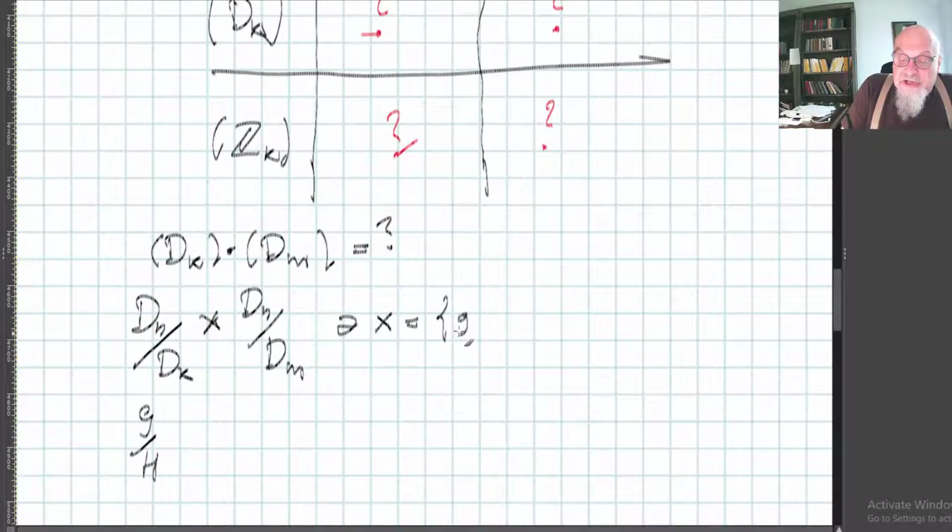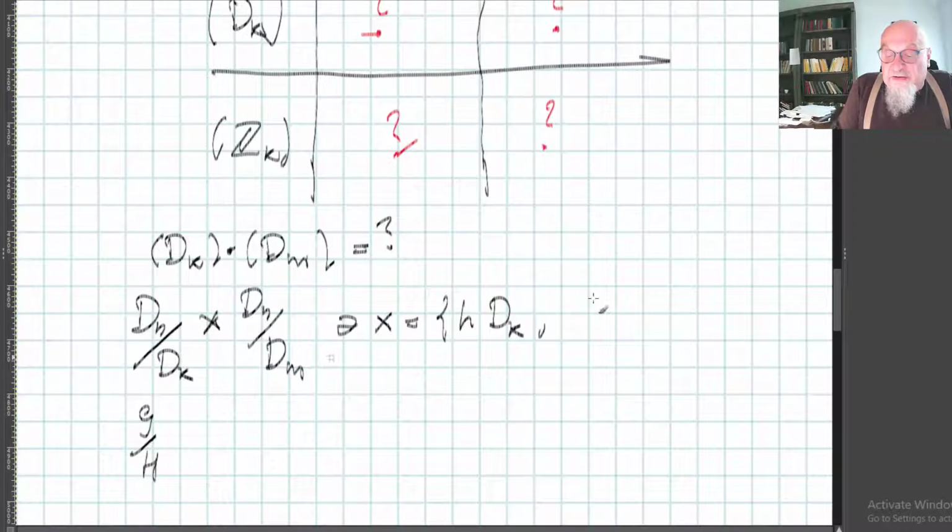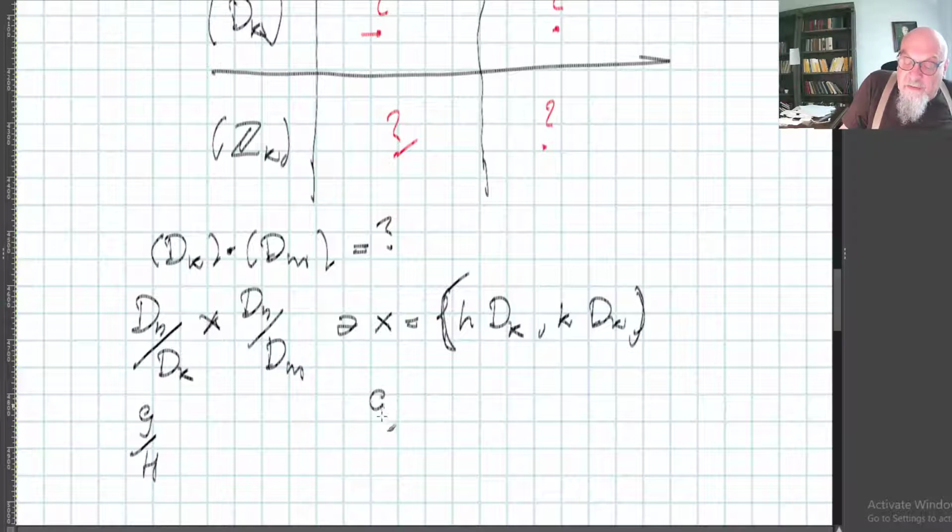That will be g D_k, a certain coset of D_k in D_n, and then this one, maybe this is h, so let's write it down like that. I prefer to use this notation, h D_k, and then this one is k D_k, and this is the product, and my goal is to find what is the isotropy of it.